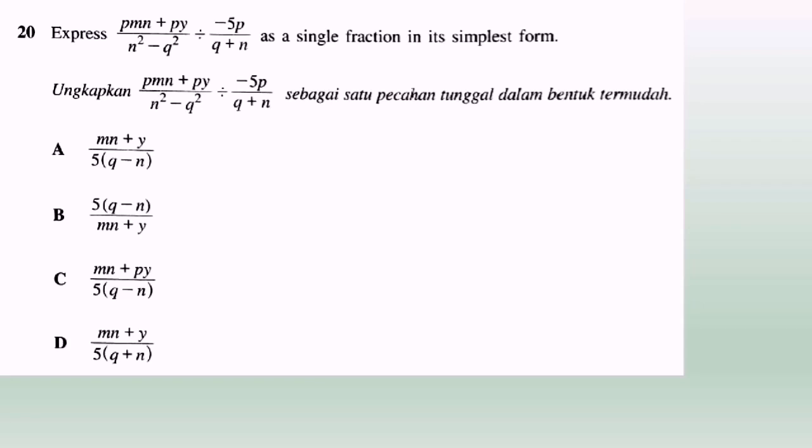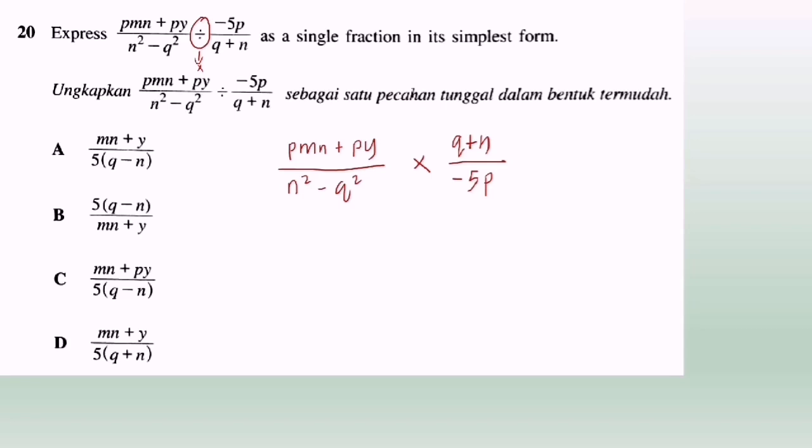Question number 20. Express this as a single fraction in its simplest form. So py over n squared minus q squared, multiply. When you change the operation from divide to multiply, make sure the fraction is turned upside down. So q plus n over negative 5p.